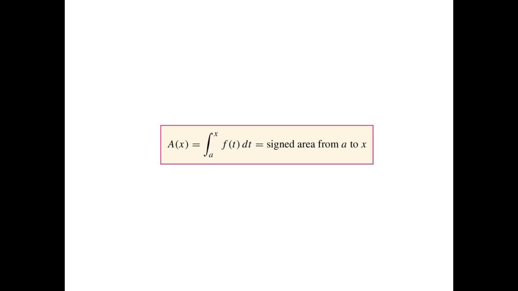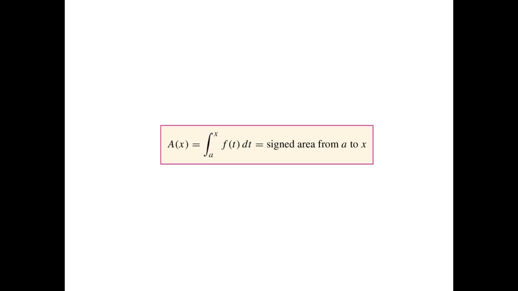This is the area under the curve of f of t dt, whatever function that is. We'll assume it's a non-negative function, so all the values between a and x are positive. But even if not, it's a signed area, so if some are negative, then they go negative. So it's the signed area between a and x. Whatever x is, that's the area, right? That's what an integral tells you, the area under a curve. Area under the curve f of t, as t goes from a to x. That's what integrals are telling us.